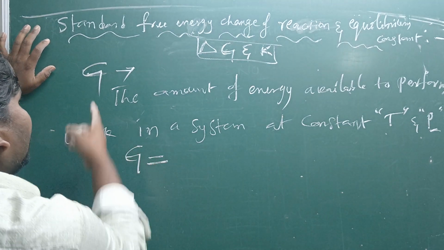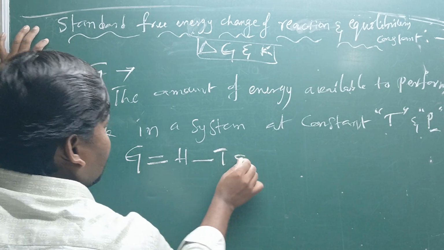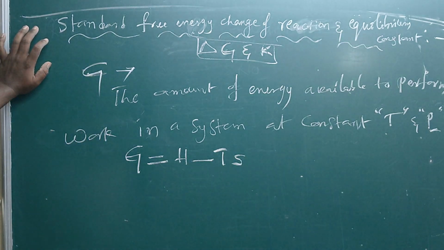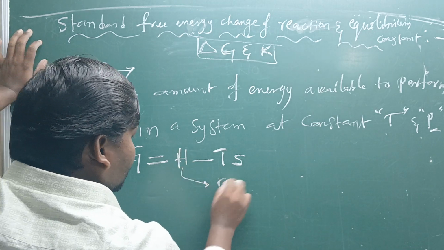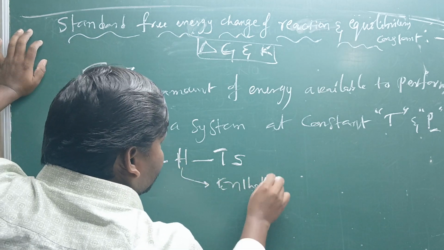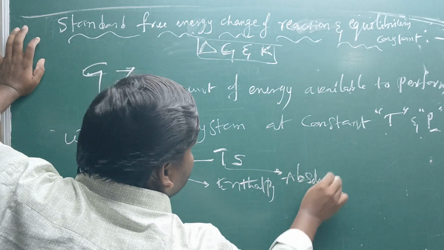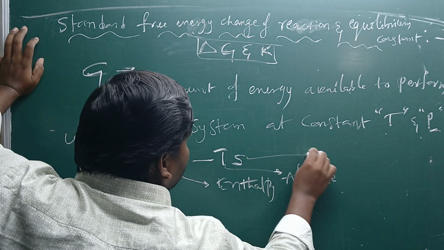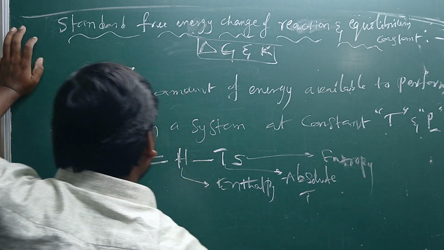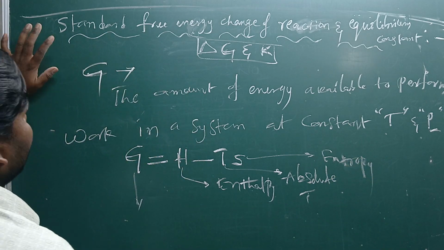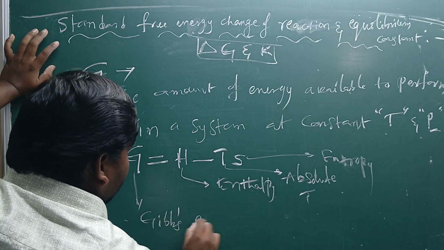The mathematical expression of this formula is G = H minus TS, where H is enthalpy, T is absolute temperature, S is entropy, and G indicates standard free energy or Gibbs free energy.